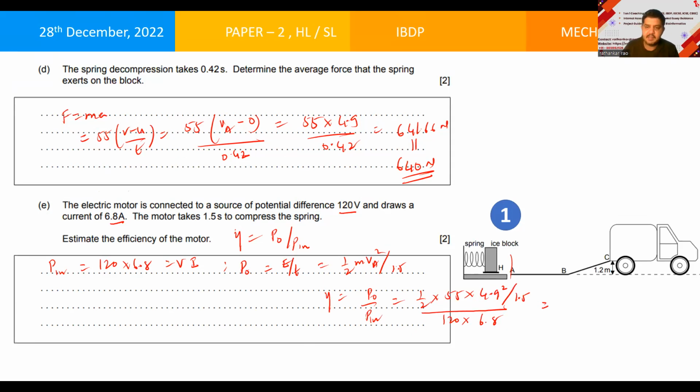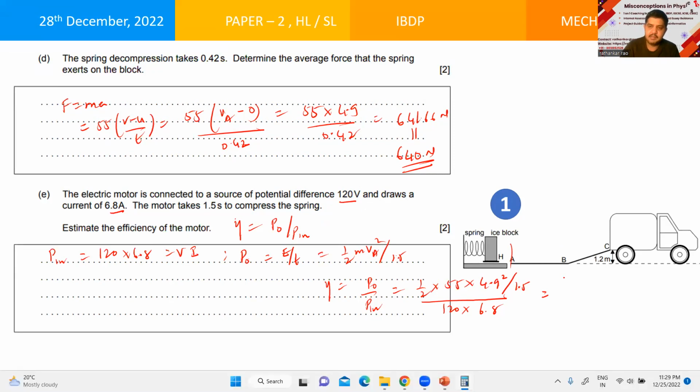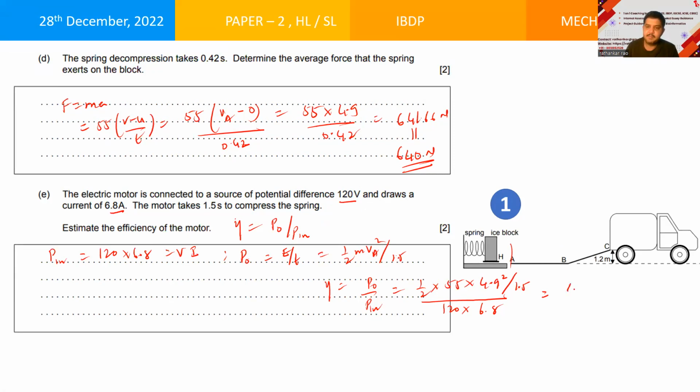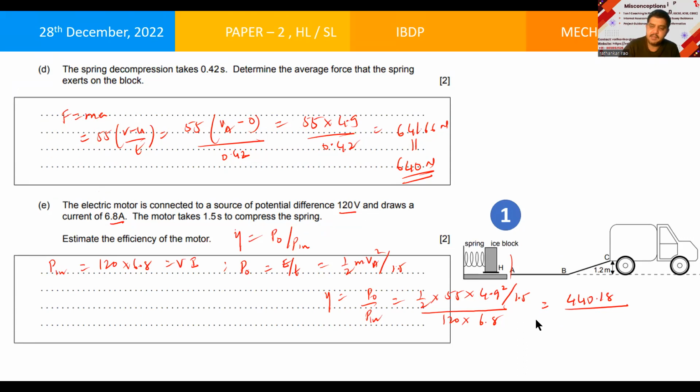Let us use our calculator, which will be 4.9 star 4.9 star 55 divided by 2 is equal to so much, divided by 1.5 is equal to 440.18. So this one, 440.18 divided by, what is the denominator? 120 star 6.8 is 816.